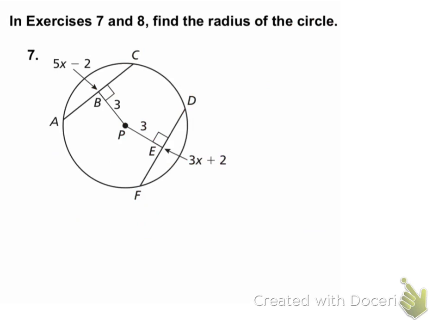Question number 7 and 8, you have to find the radius. All right, I have to find the radius. But when I look at the picture, I don't see any line which is forming a radius, so I have to assume a radius here. That's the radius. I have to find that.